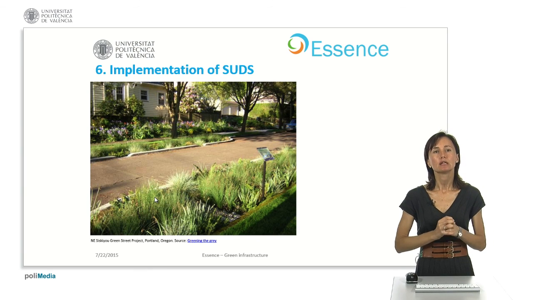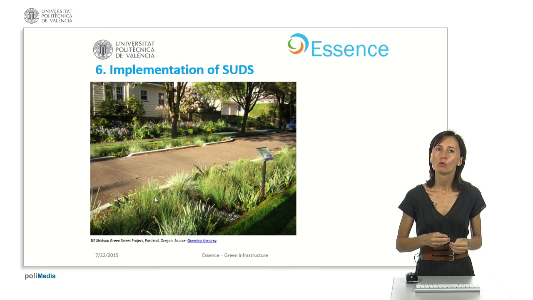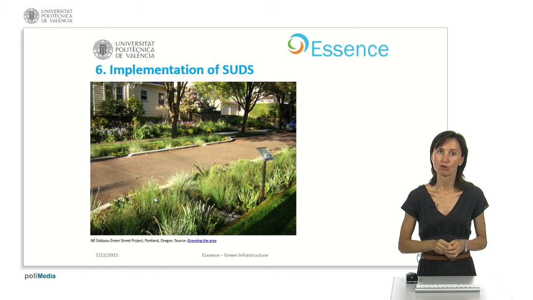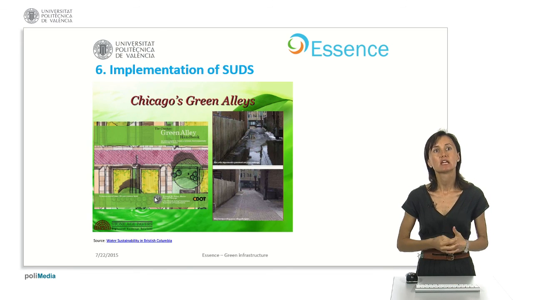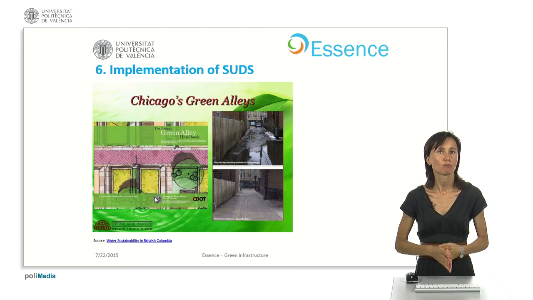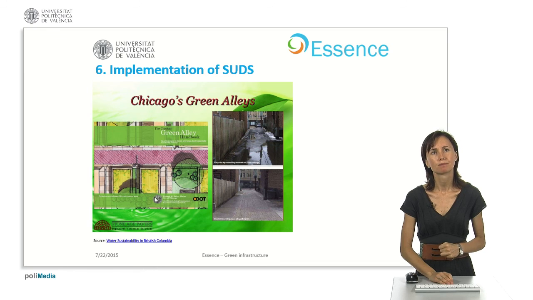Another example is Portland, Oregon, which has developed a green street policy which promotes the use of vegetation facilities for treating the surface runoff, or Chicago's Green Alleys program, which promotes the use of permeable pavements.